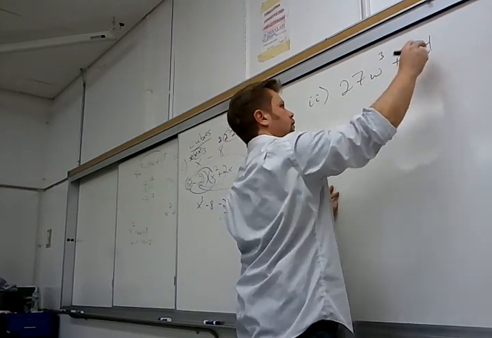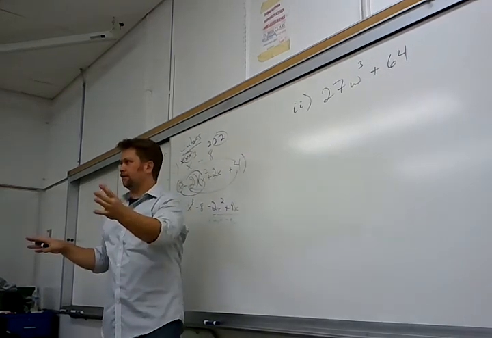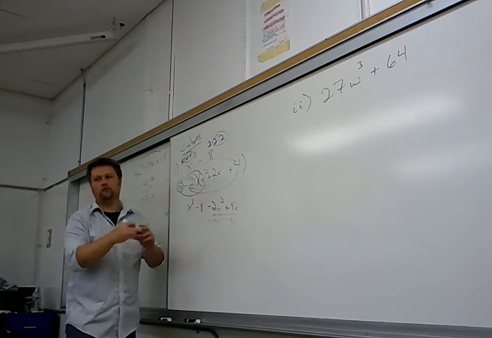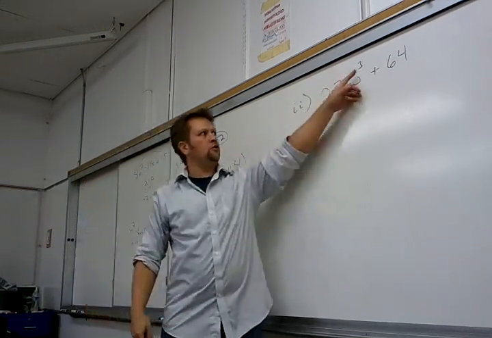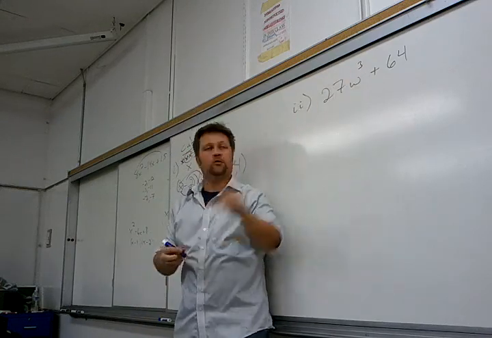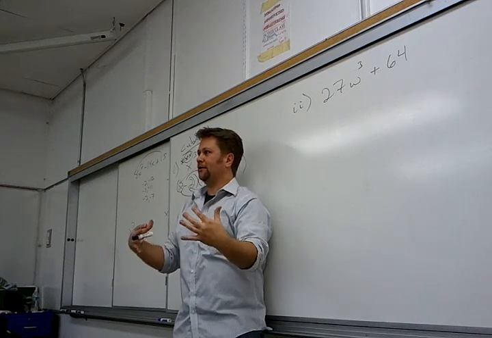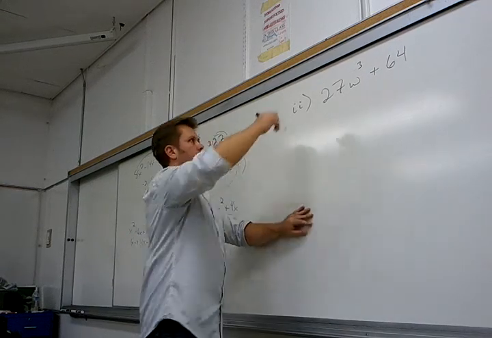plus 64. All right, first off, no GCF, right? It's got two terms, so it could only be cubes or squares. It's obviously not squares because I got a cubed. And 27 and 64 are both break-upable into 3 parts, just to make up a new adjective.